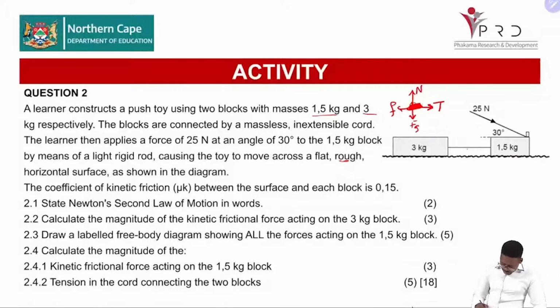If you look at this free body diagram, it is telling you that the normal force is equal to the Fg, but in opposite direction. Normal force is equal to mg, because we can never get the kinetic friction without determining the normal force first.